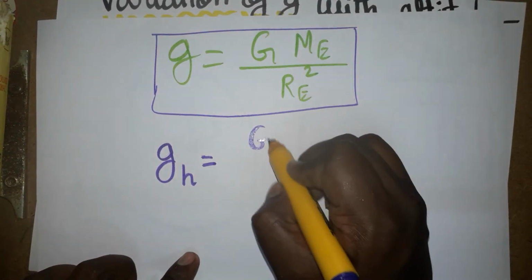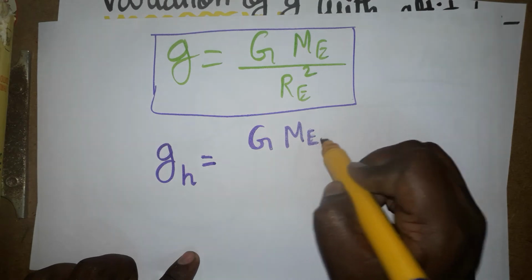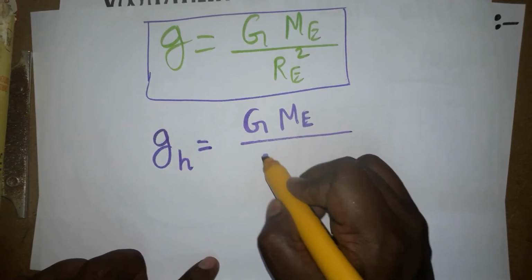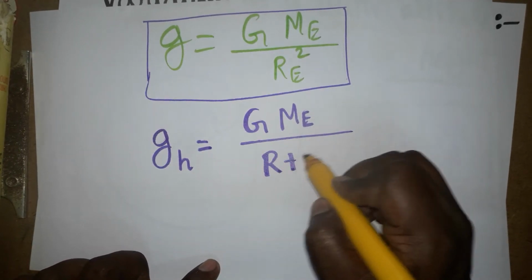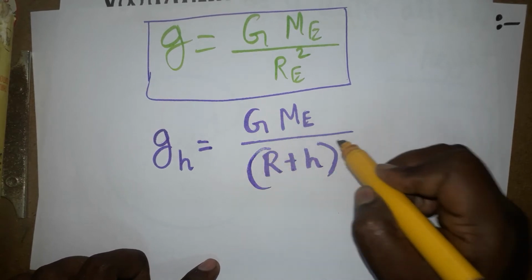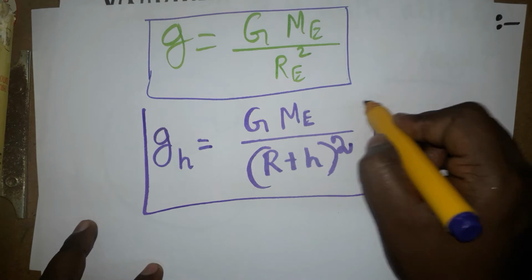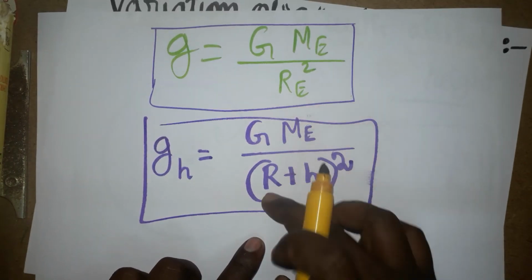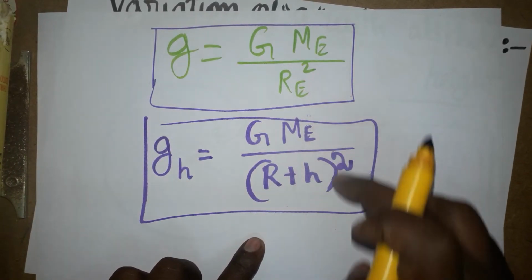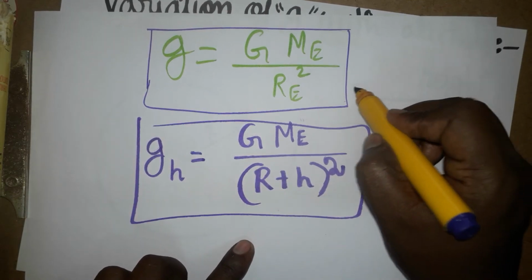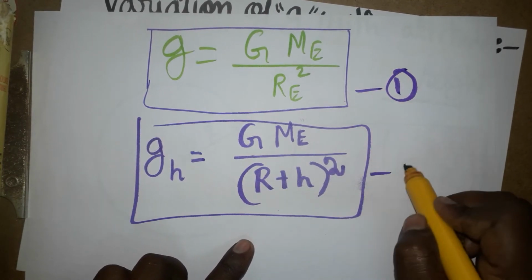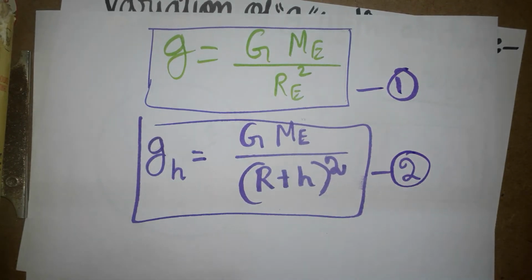Same equation: gh is equal to G times mass of the earth divided by the earth radius plus height, whole squared. We take the distance as r plus h. This is equation 2. If you understand these two equations, you can easily solve it.